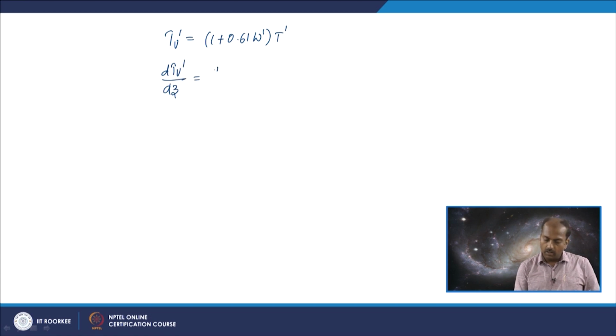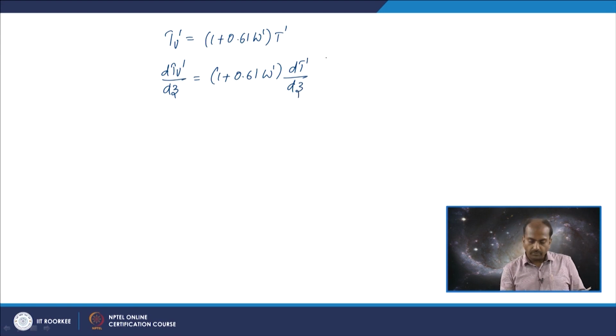Now, in that situation, let us see how it works out. Let us say again we write the virtual temperature of the parcel as 1 plus 0.61 W prime times T prime. So, dTV prime by dz is simply 1 plus 0.61 W prime times dT prime by dz, plus 0.61 T prime times dW prime by dz.